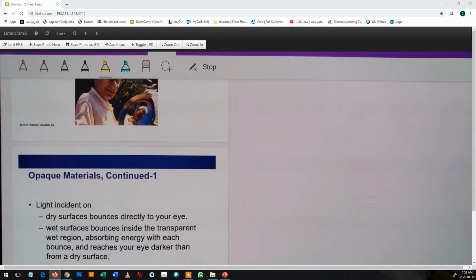You know that we see gold yellow because it will absorb all the wavelengths and then it will just re-emit the yellow wavelength.